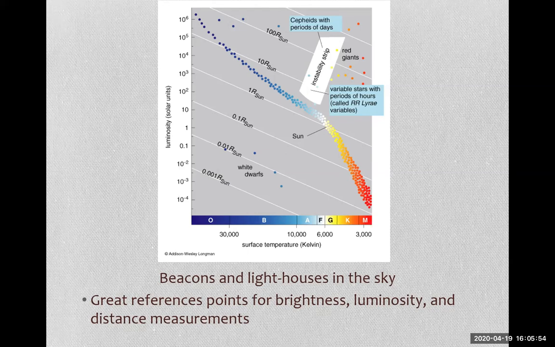So the Cepheid variable method allows us to figure out the period of a star, how quickly it changes in brightness, work backwards using the HR diagram to figure out where it is at a single moment in time in the actual HR diagram, and then use that information about luminosity and size to figure out the actual distance to that star.